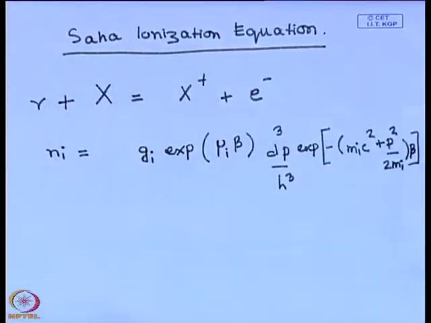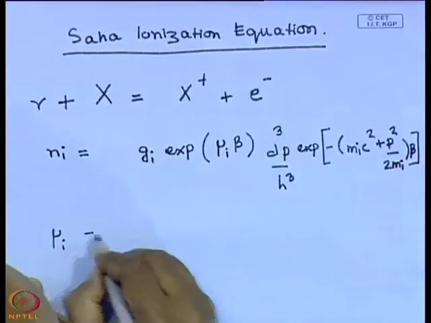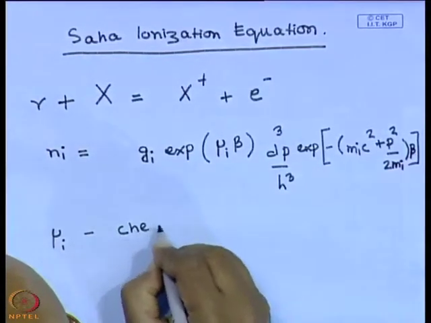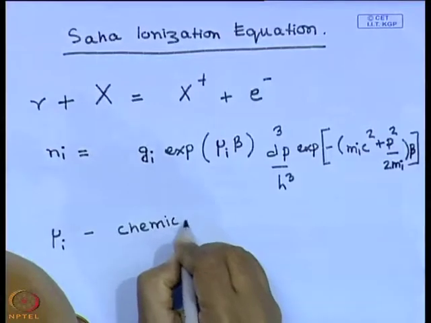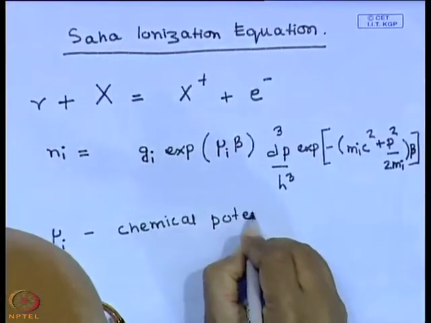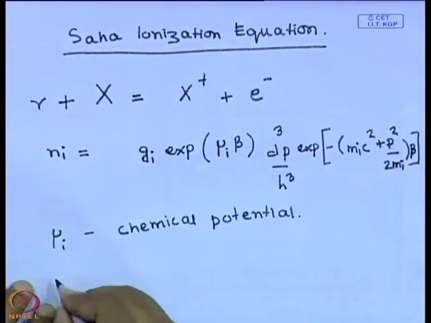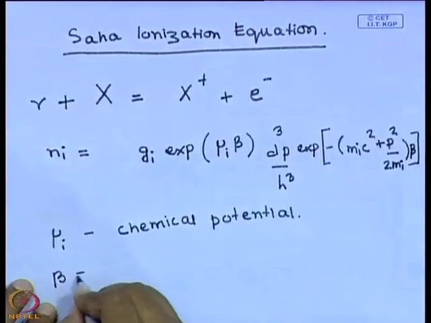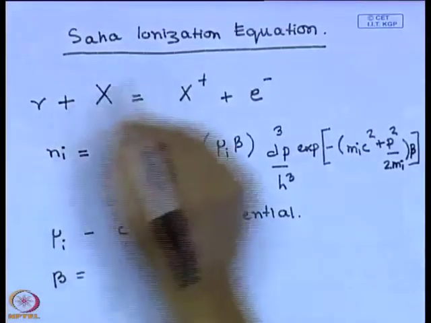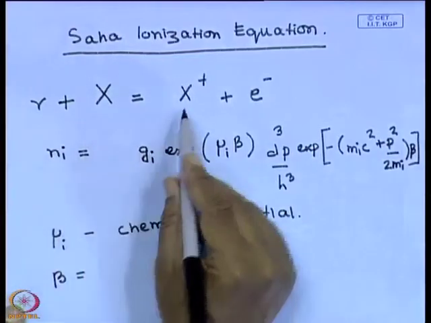Mu_i is the chemical potential of the ith species, beta is the same for all of these species, same for the photon, these atoms, the ion and the electron.